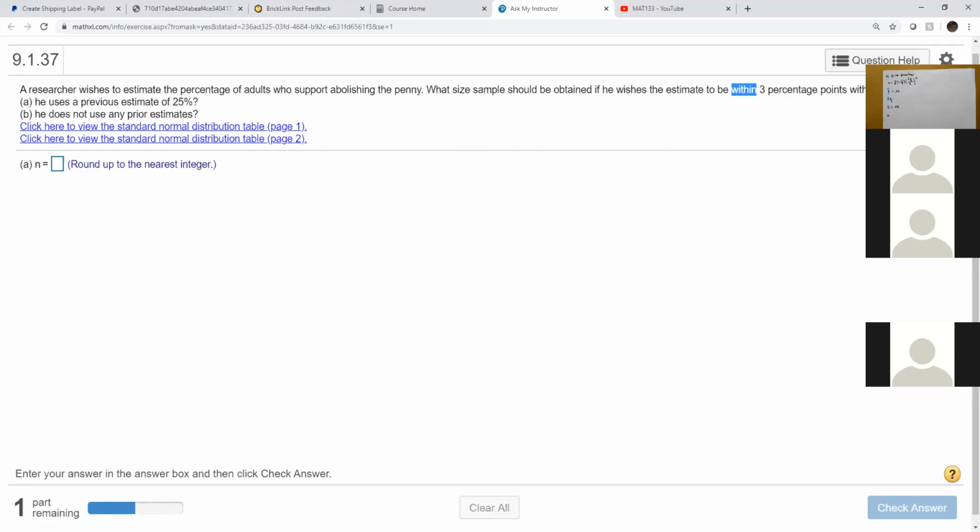And then my confidence level is related to my alpha. That's right here, my 99% confidence. So 1 minus 0.99. Now, I want alpha divided by 2, so I'm going to divide all these by 2. Note 1 minus 0.99 is 0.01. So when I cut this in half, I get 0.005.